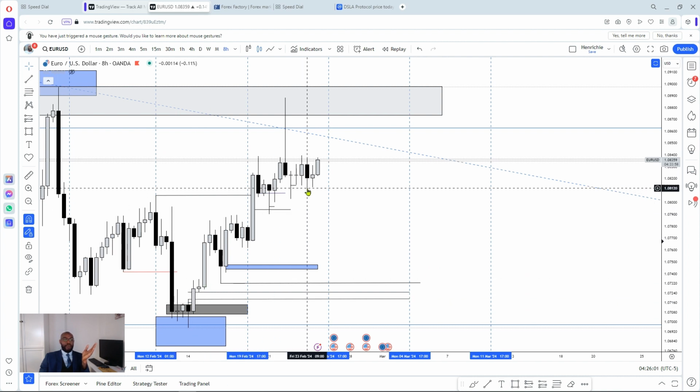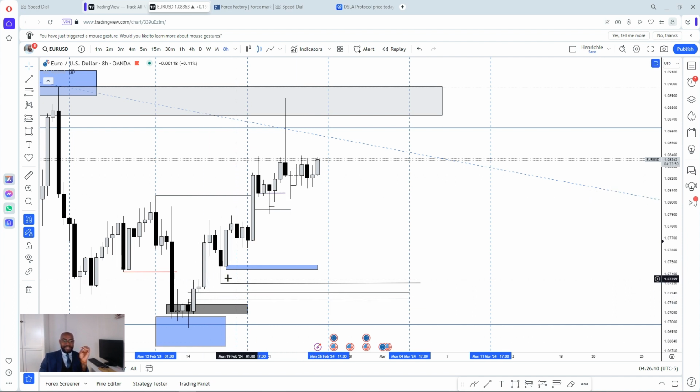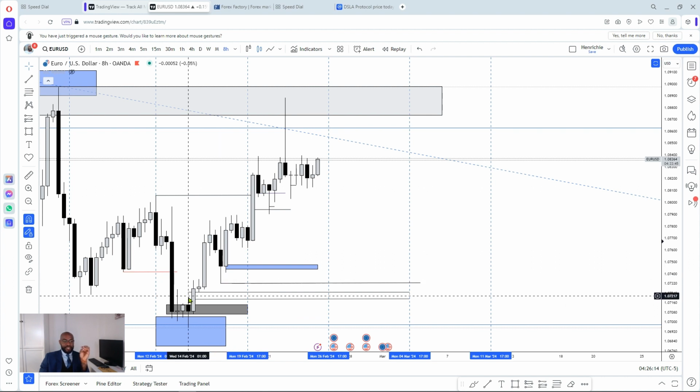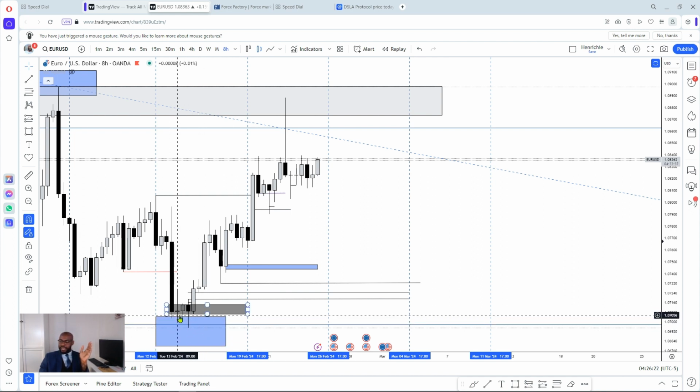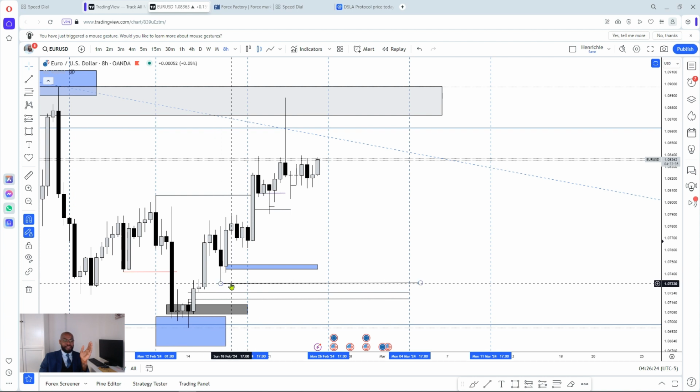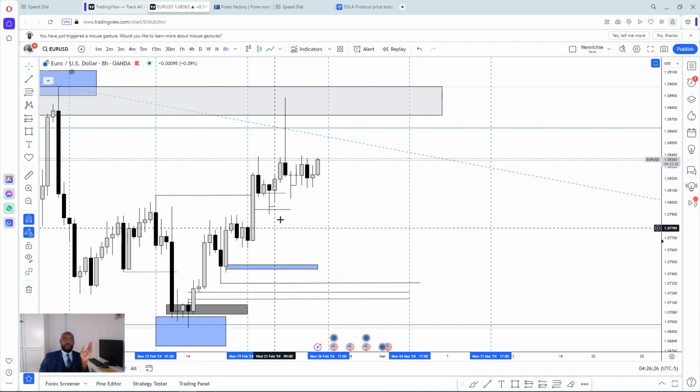So the one place that most of the stop loss orders are going to be resting on the euro is right here. 90% of traders that are in this buy, at least over 70 to 80, 90% of traders that got into a buy from here, their stop losses are definitely going to be right here or higher.